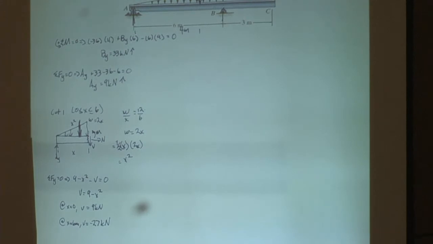Just simple sum of forces equation. And now we know we're going to have to be concerned with a max moment, right? So we might as well solve for when shear equals 0, at what distance that is. At v equals 0. So max equals 3.